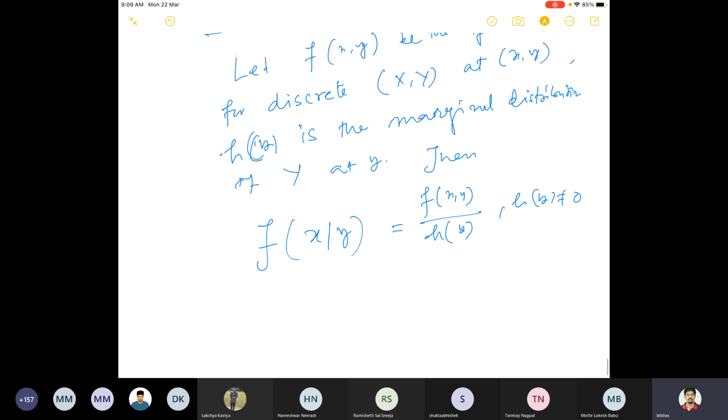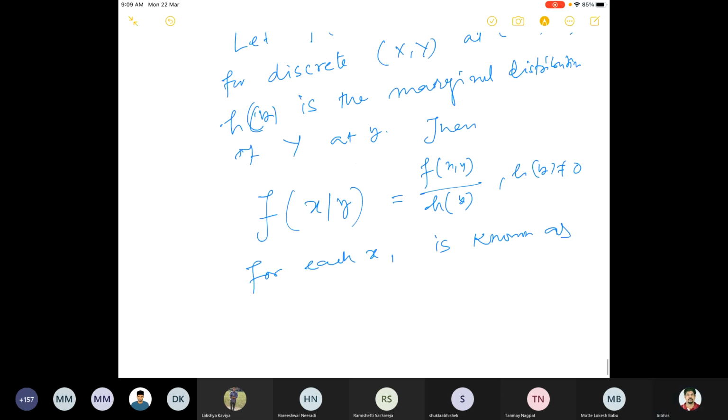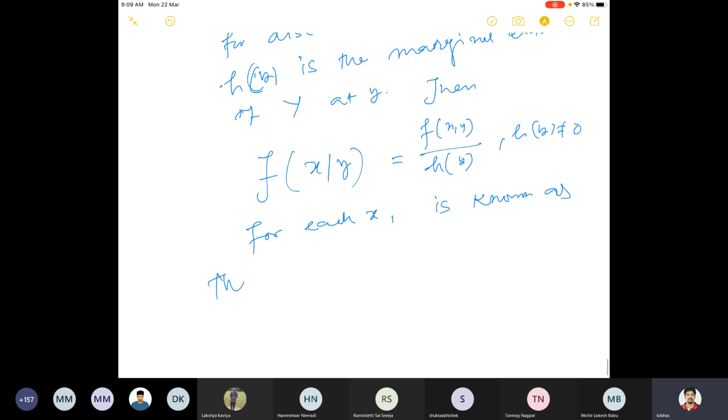Now for each x, this is known as the conditional distribution of X given Y equal to y.